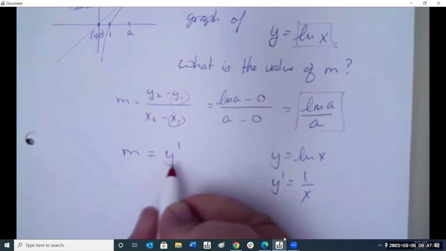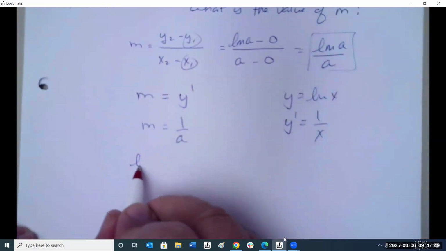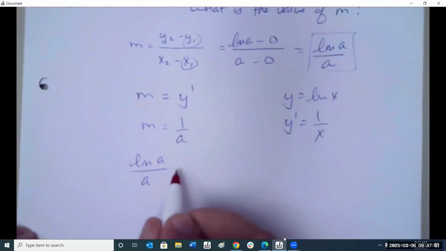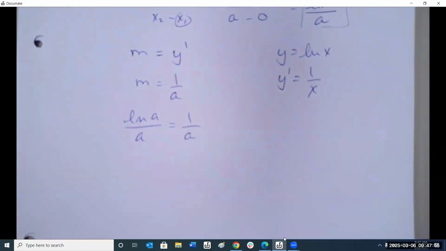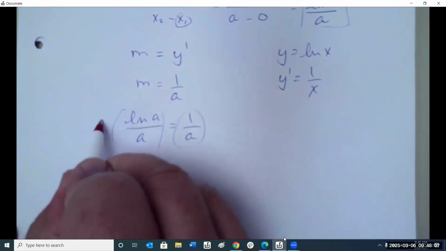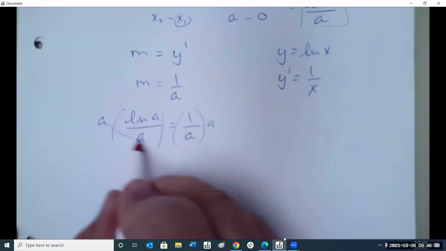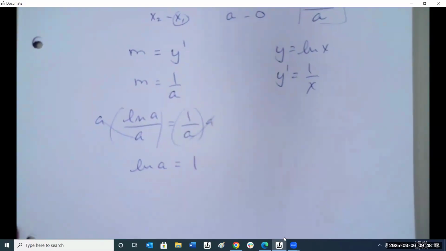So at point A, it's 1 over A. So we have ln A over A equals 1 over A. Multiply both sides by A. We get ln A equals 1.